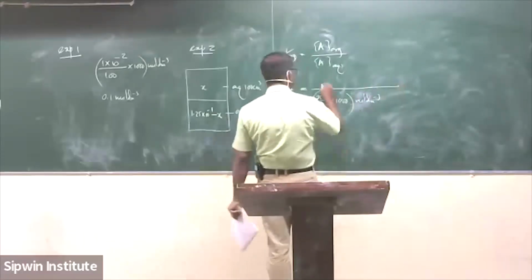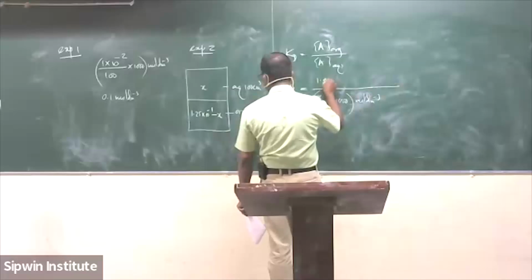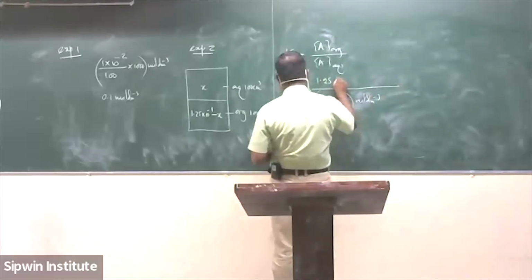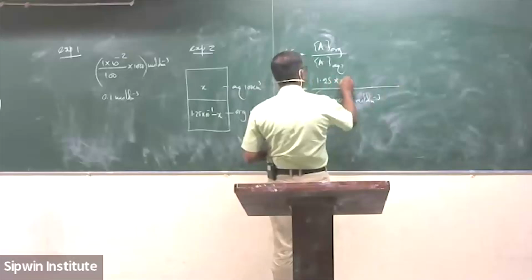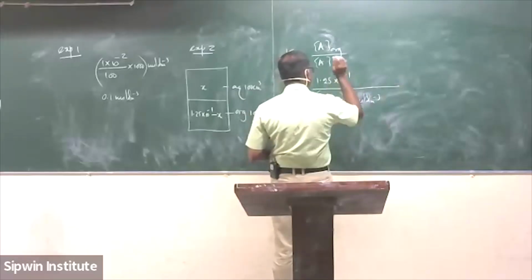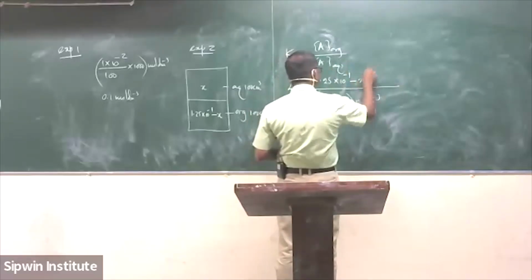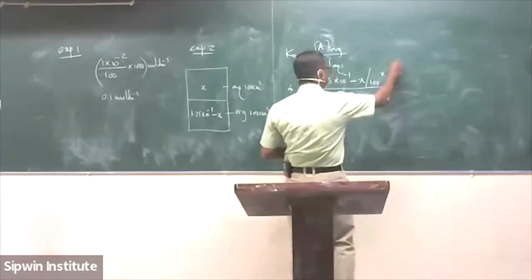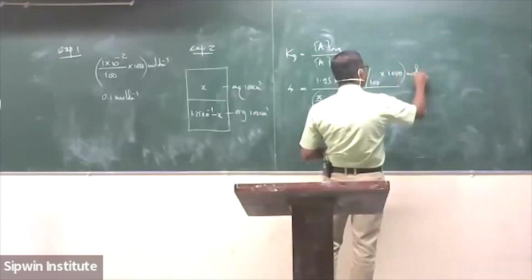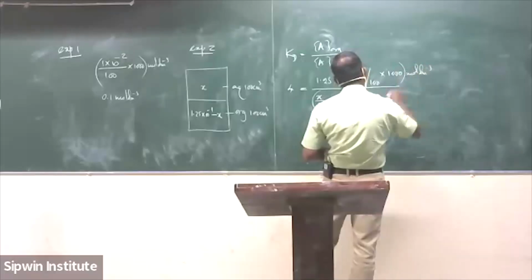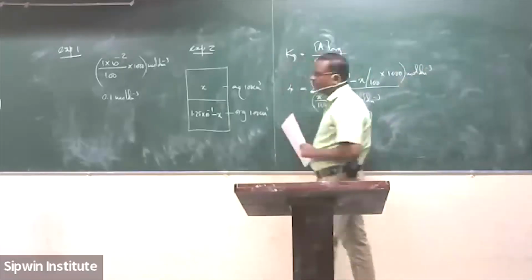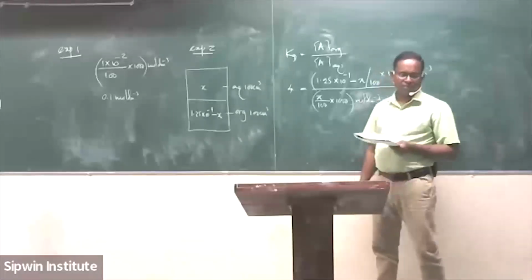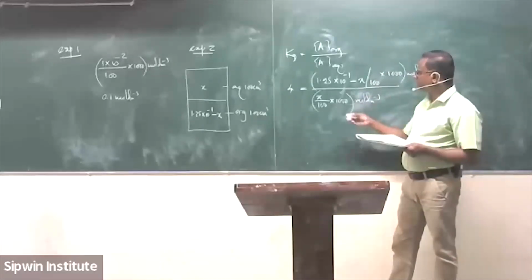Here 1.25 into 10 to the power minus 1 minus x, this much in 100, therefore in 1000, moles per cubic decimeter. Then it is possible to cancel those. It is better to substitute in moles per cubic decimeter, as the question was like that the other day. After that cancel these and take the answer.